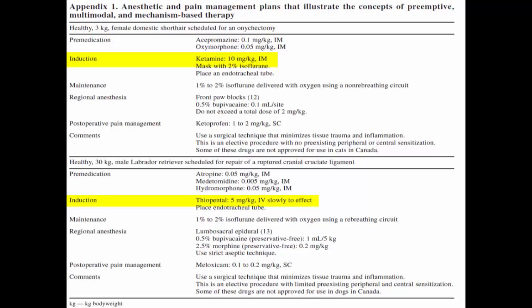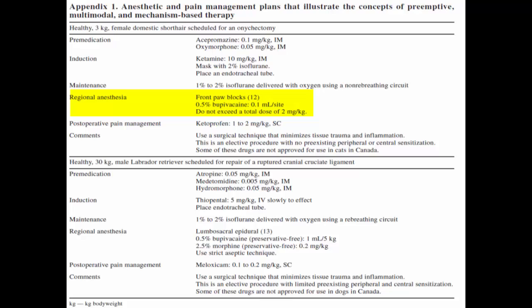On the lower protocol, they are using thiopental instead of ketamine as the induction agent. Then they maintain the anesthesia with isoflurane, which is a gas anesthetic. They are also providing an additional analgesia by applying a local anesthetic, which is bupivacaine.